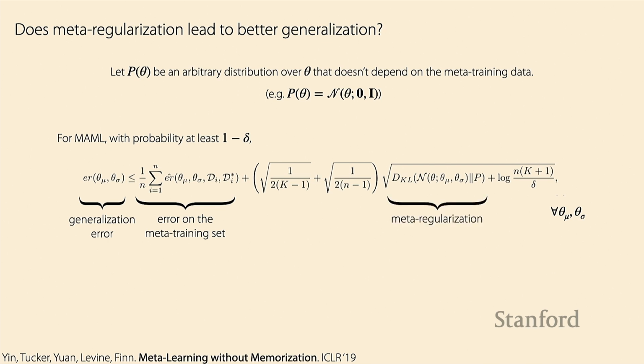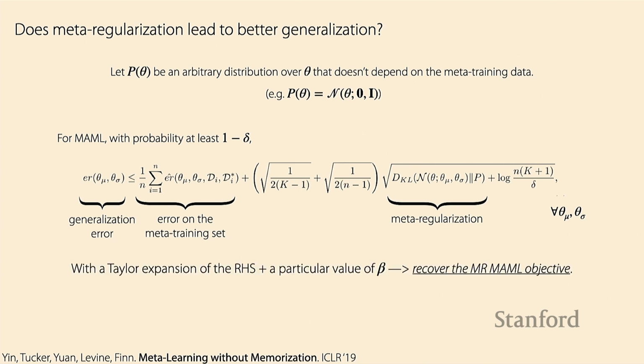And this term in the generalization gap is exactly the meta-regularization that we're applying when we add noise to the weights. So the gist of this is that you can theoretically show that you can bound the generalization error and improve generalization by using this form of regularization.